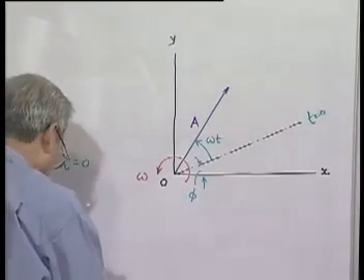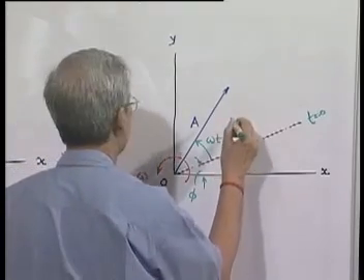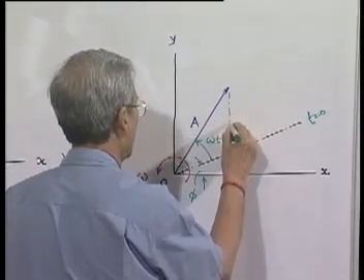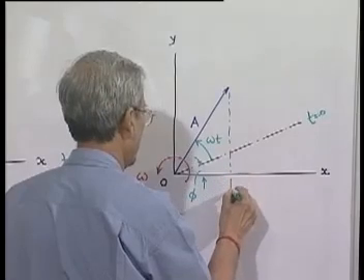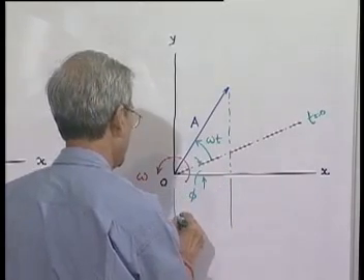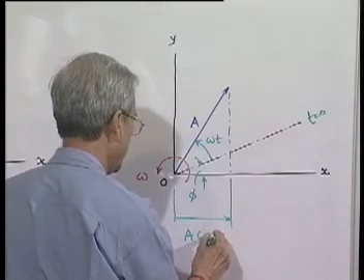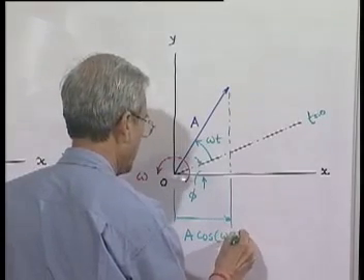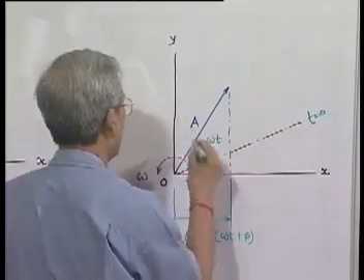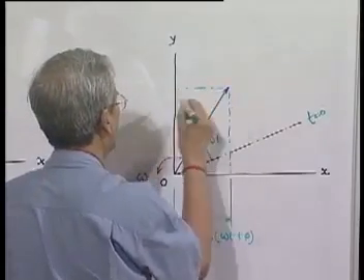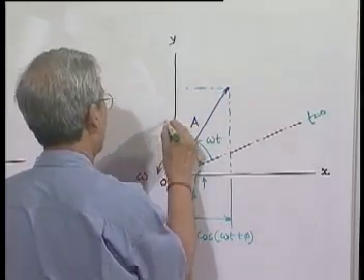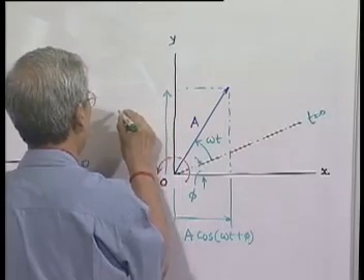Now the x component and y component: this is the x component which is A cosine omega t plus phi, and this component is A sine omega t plus phi.